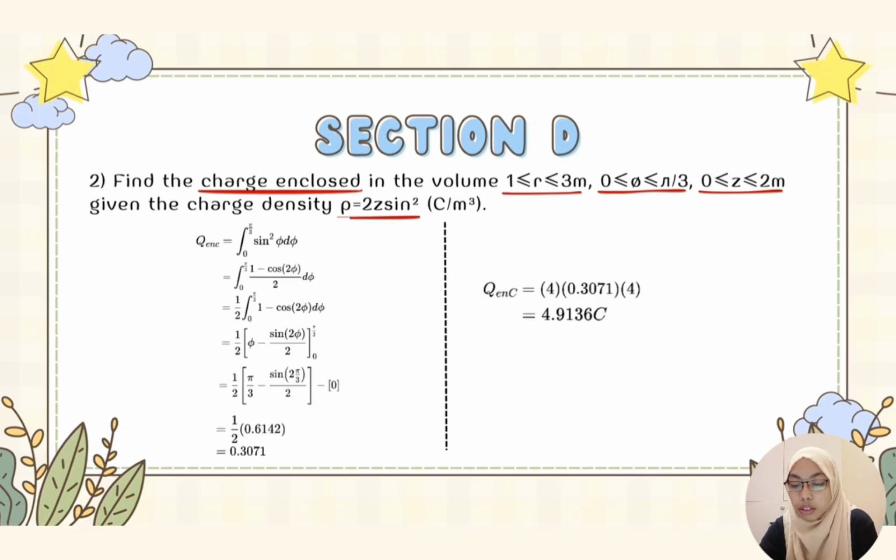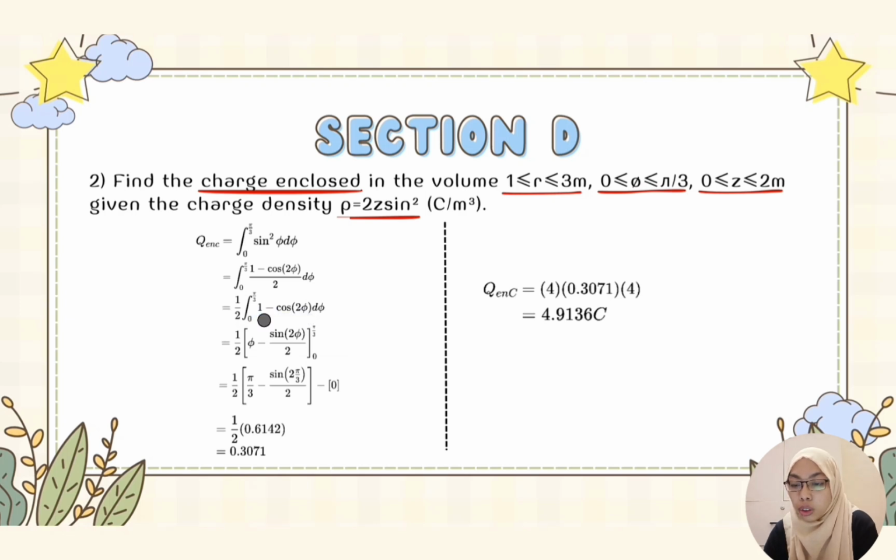The last one is we integrate d phi. Q enclosed equal to integration 0 to pi over 3 of sine squared phi d phi. First, we need to change sine squared phi into 1 minus cos 2 phi over 2. We put 1 over 2 outside the integration and we can get 1 over 2 integration of 0 to pi over 3, 1 minus cos 2 phi d phi.